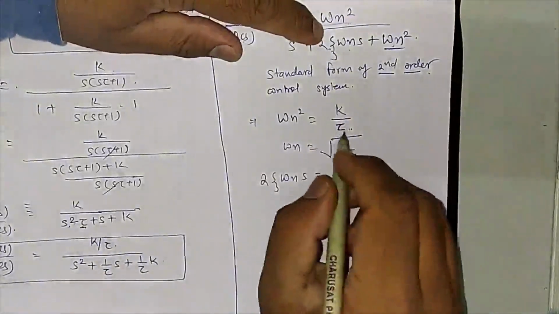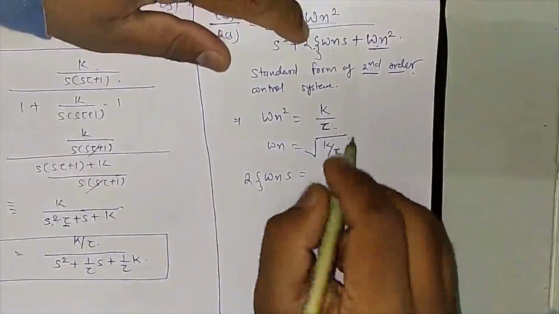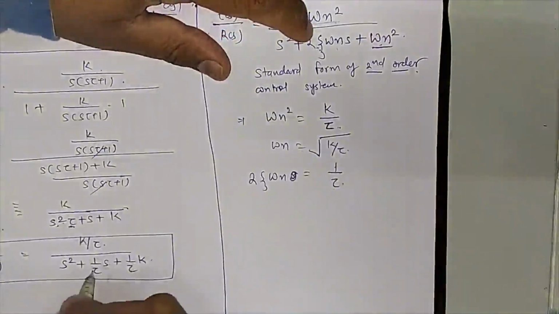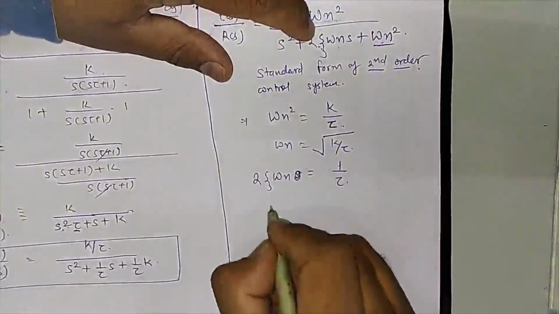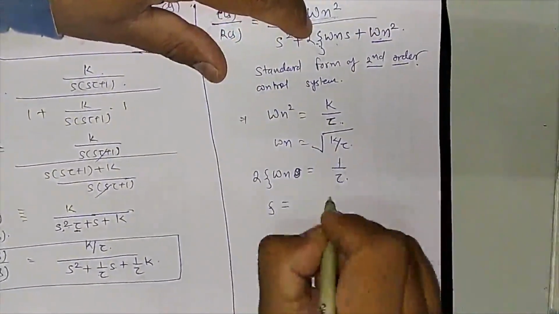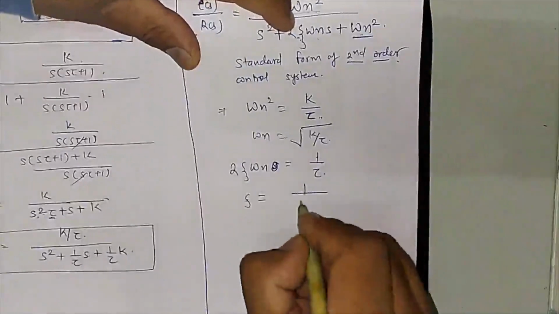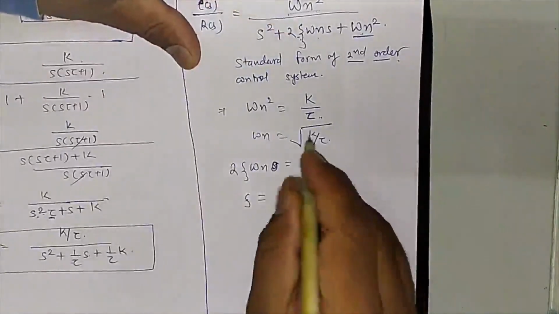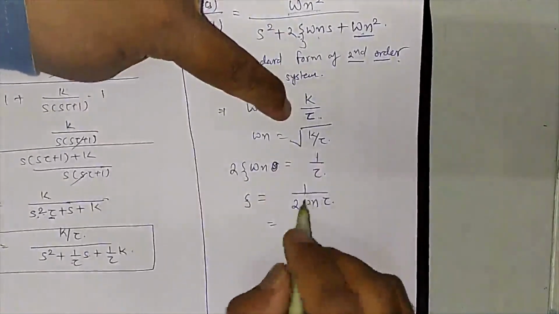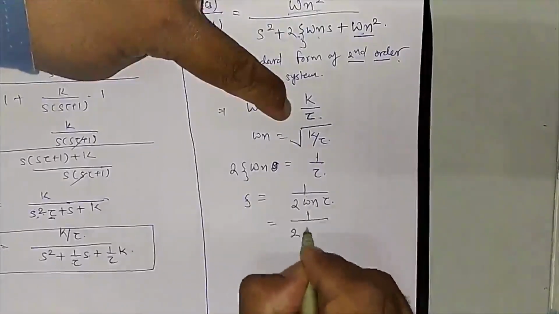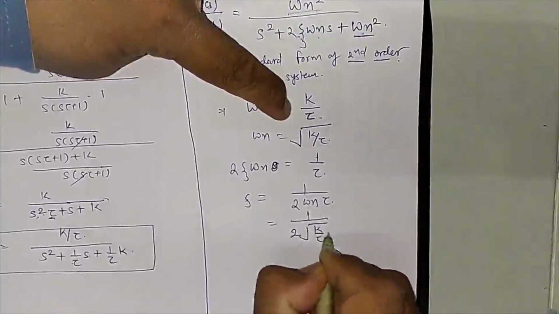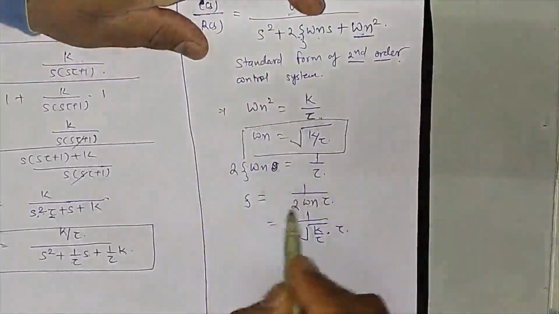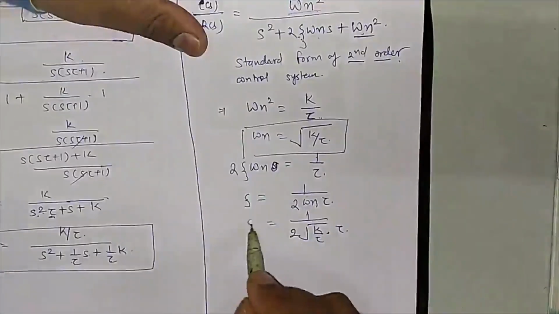It will be 2 zeta omega n is equal to 1 upon tau. Coefficient of s is nothing but 1 upon tau. So zeta is equal to 1 upon 2 omega n into tau. Omega n value we have found out. It is nothing but 1 upon 2 square root of K upon tau into tau. So these two things are coming right now, zeta and omega n.